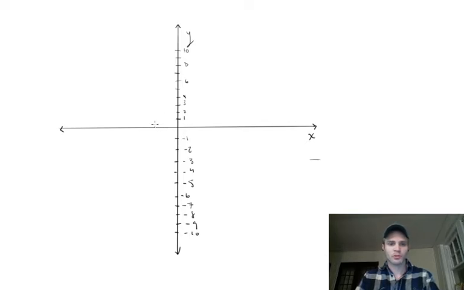So let's go 2, 4, 6, 8, 10. Ugh, that's gross. Okay, so -2, -4, -6, 12, and to the right.